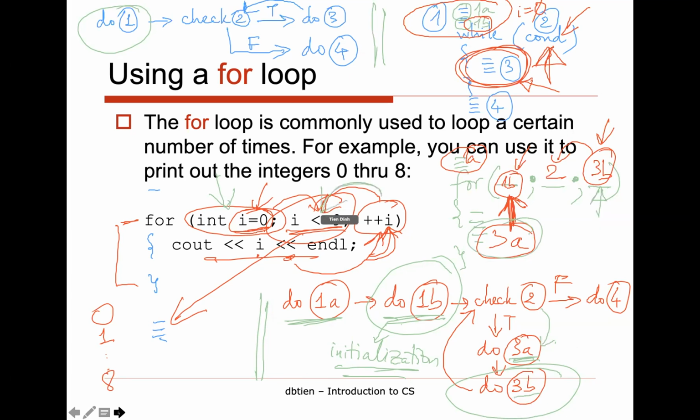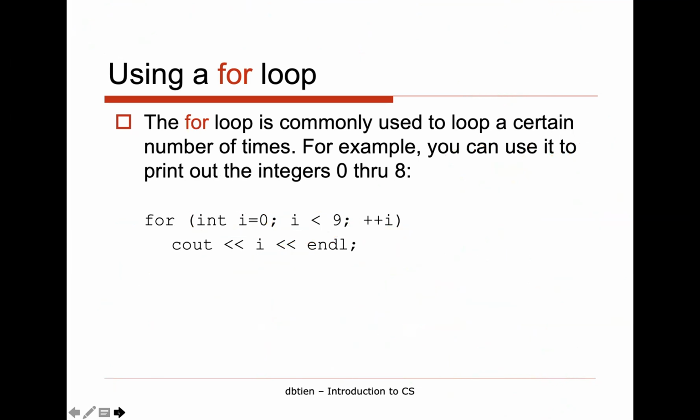So here that's cout i, and then you increase the i. So the i keeps moving up and up until it changes the condition so that it's no longer less than 9. So that is a way people are using the for loop here. So the for loop, if you look into this case, it will print out 0 to 8, 0, 1, 2 until 8.